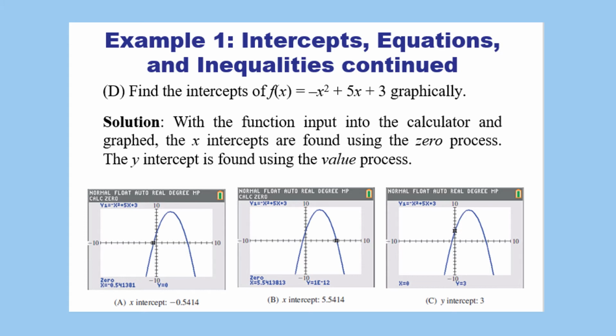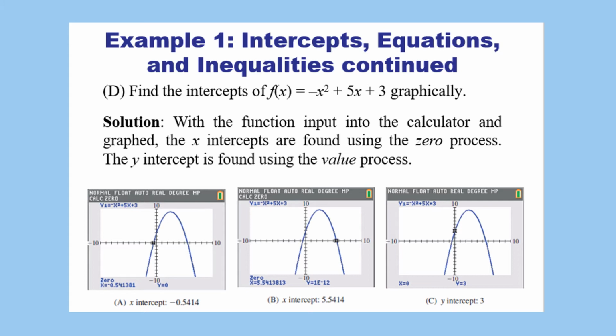After graphing it, if we select second calc, we can find number 2 as the zero. If we press zero and choose the left extreme or the right extreme, you can easily find what those x-intercepts are.